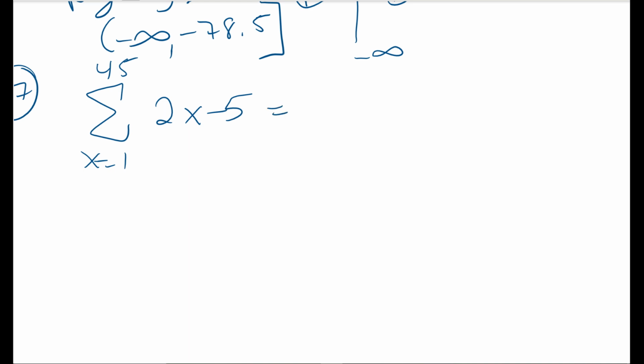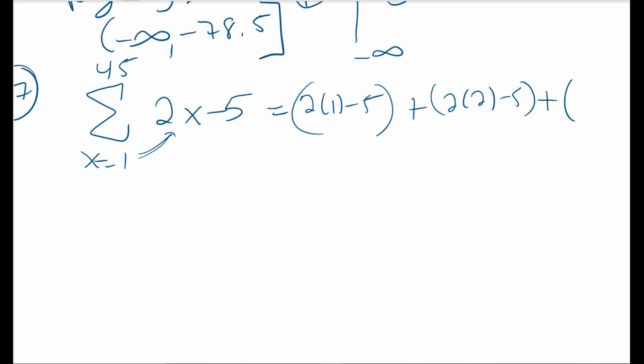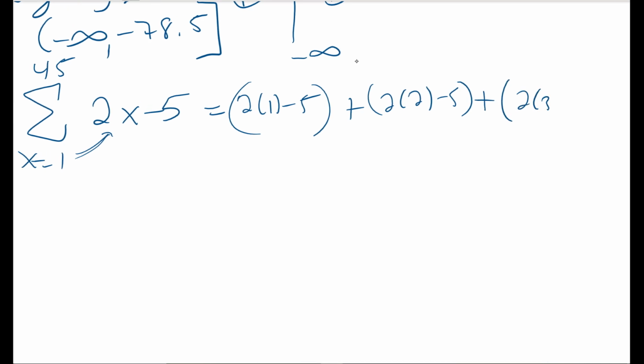So this means if I were to plug in 1 here, I would get 2 times 1 minus 5, whatever that is, plus, and then now I'll plug in 2 into it, plus, and then I'll plug in 3 into x instead, and I repeat that all the way until I get to 45.